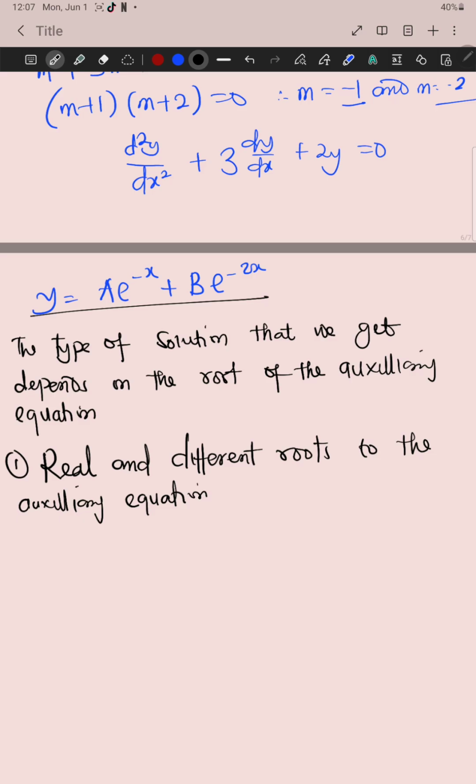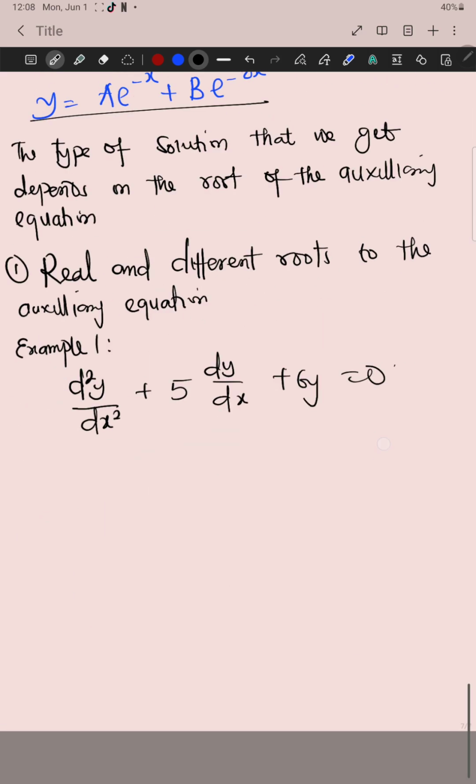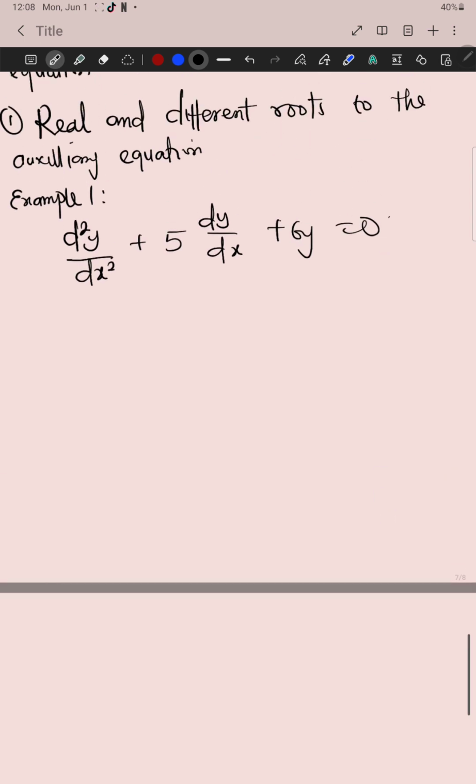What do I mean? Example 1. When we have d squared y over dx squared plus 5 dy over dx plus 6y is equal to 0. This is a very classical example. Let's look at this together. Now, our step 1, your step 1 is to derive the auxiliary equation.